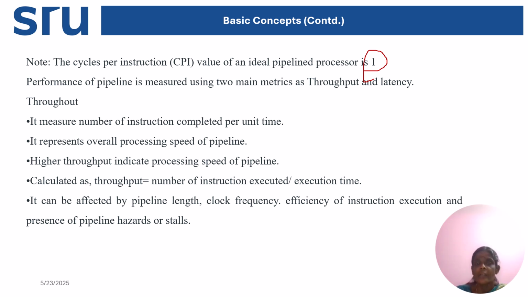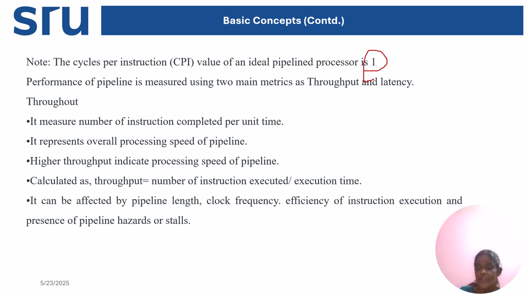Performance of a pipeline is measured using two main metrics: throughput and latency. Latency means delay, but we should not make the processor delayed, so that delay should be reduced. Throughput is nothing but the performance.